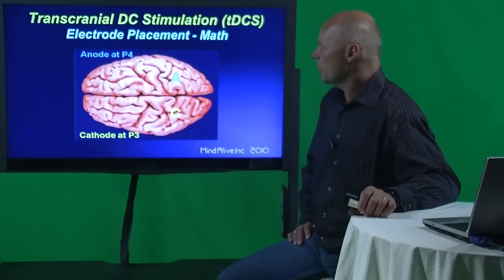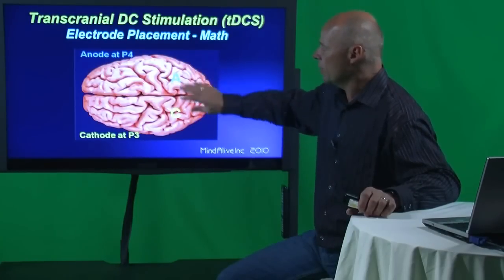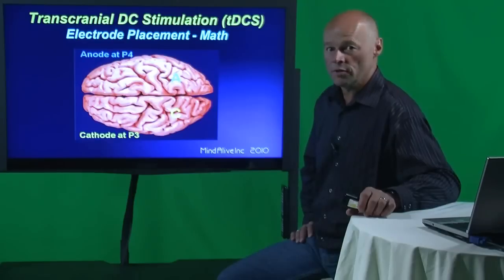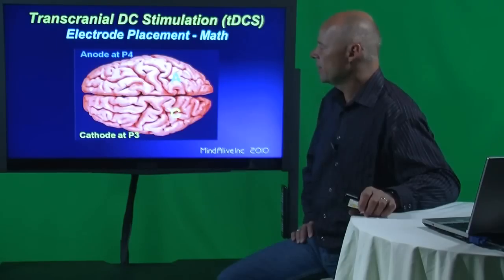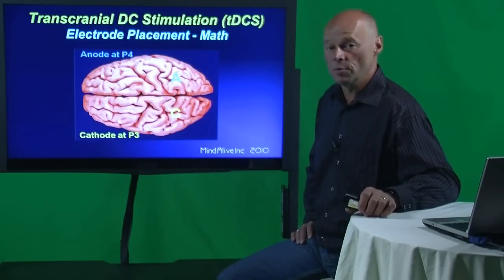For math enhancement, it has been shown that by placing the anode over P4, that's the parietal lobe on the right side, and the cathode over P3 has been an effective approach at boosting math skills and math ability.